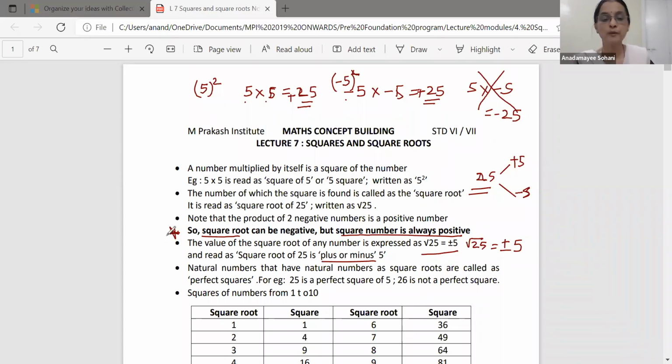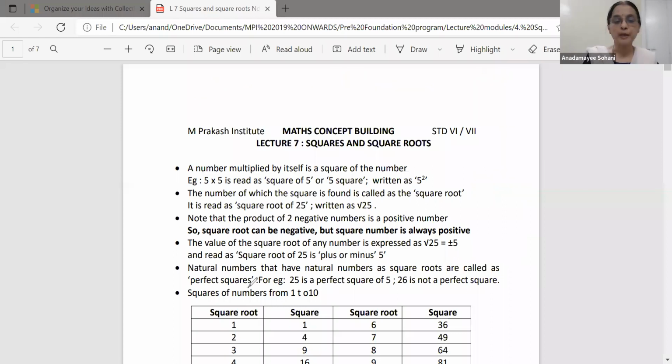So very important. Now, another term that is very commonly used is a perfect square. Now we have to understand that 25 is a perfect square because we get it as a product of two natural numbers.